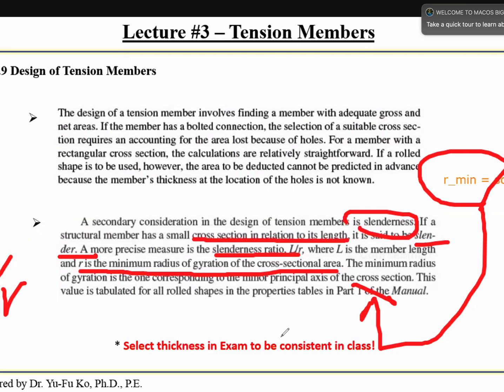But I will fix the cross-sectional dimension, and you do the calculation and select the thickness based on your calculation. This way everybody can come up with the same solution. This is what I'm going to do in future exams as well. Any questions so far regarding design of tension member for these slides? No, sir. Okay.